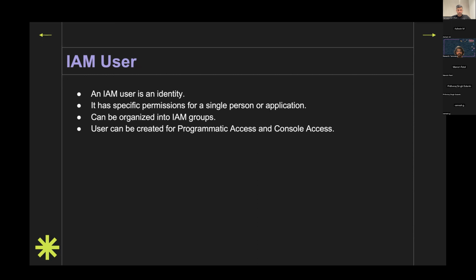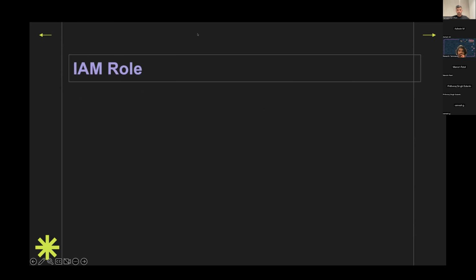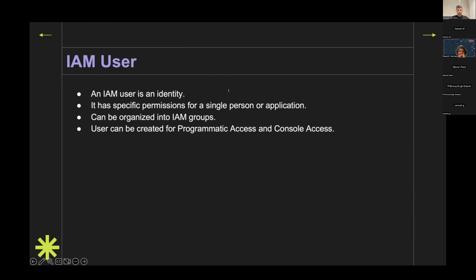In order to give them access to AWS, since they are persons, not an application or a service, Hamid can create IAM users for those persons to provide them access to his AWS environment. Hamid can assign some permissions to those users and provide them access to the AWS services.